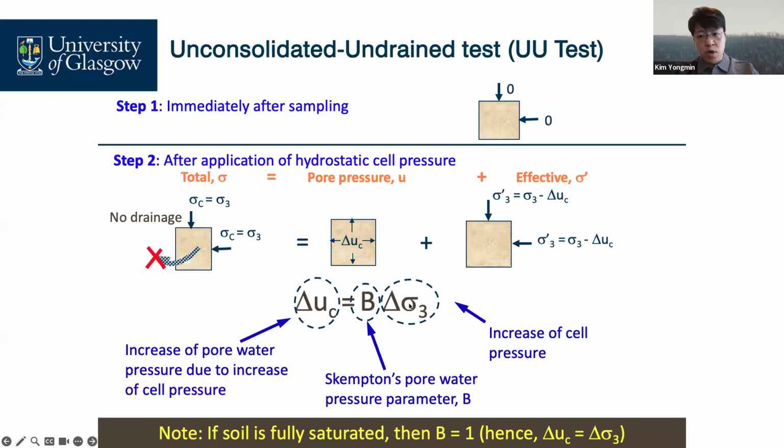If the value is larger than 0.95, then this soil is now fully saturated. Theoretically, we should have 1. But realistically, I have never seen unity before. The maximum is 0.98.